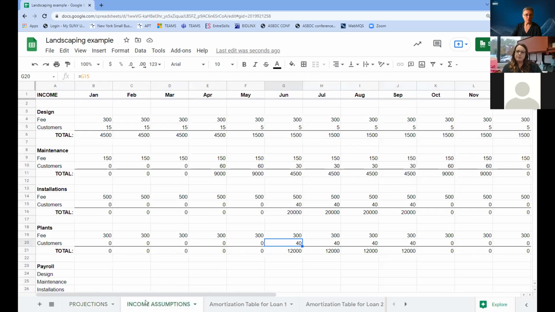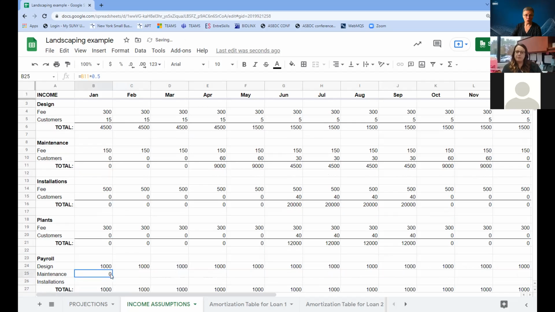Okay, so just to finish up here, payroll. We have one designer, and that person gets the same amount no matter what. That's what she gets per month. And maintenance is based per work. So just for simplicity, I'm going to assume that half of the fee that is charged pays for maintenance.